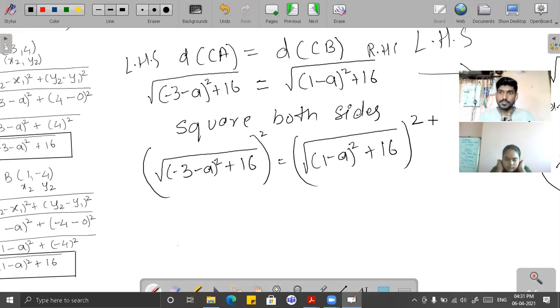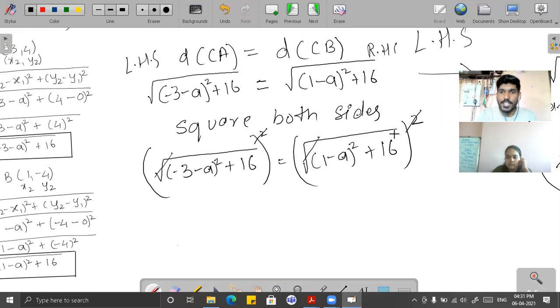Is this clear? Now can I cancel the square and the square root? Yes. Although you don't show that you're cancelling it, we cancel it. So the root and square cancel here, and similarly this root and square cancel.